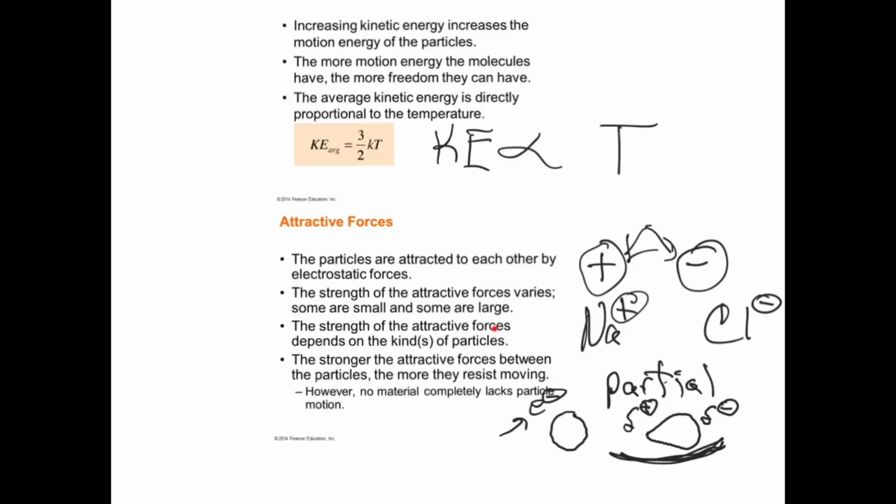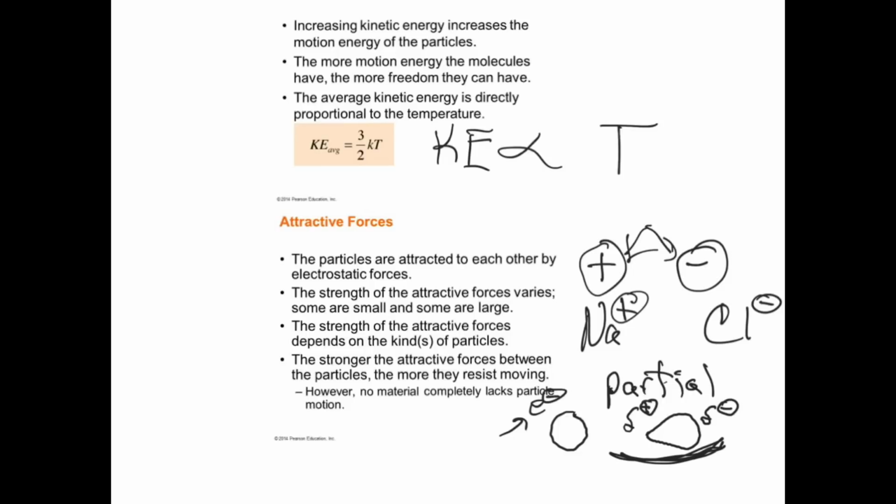The strength of the attractive forces depends on the kinds of particles. That's something I just mentioned. So if you have stronger attractive forces, they're going to resist movement better. So that's why some interactions will require higher temperatures and higher degrees of kinetic energy to break free from the interaction.